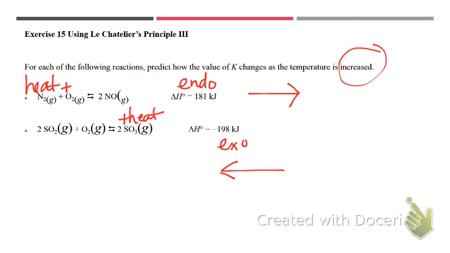On FRQs, especially if they're giving you numbers, don't say, according to Le Chatelier, if I do this, and so on. No, do the calculations. Always, when you can, on an FRQ, you want to compare K and Q and say it shifts according to that. That's what you want to use there. You've got to do the calculations and show them why.